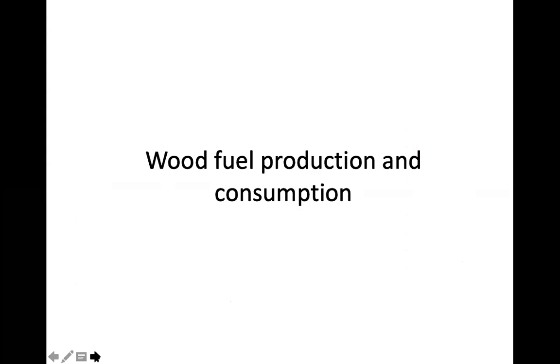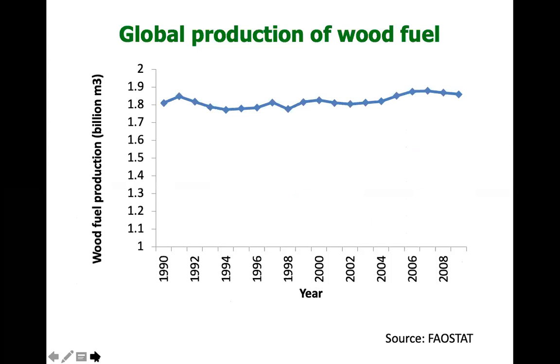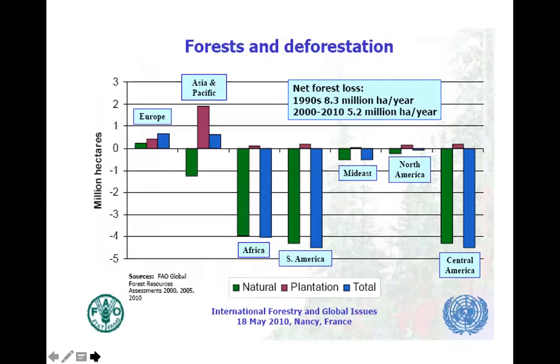Wood fuel production and consumption. Global production of wood fuel, you see, is almost static. That means not only in Bangladesh, worldwide, wood fuel is popular, especially in the developing countries. Forest and deforestation.